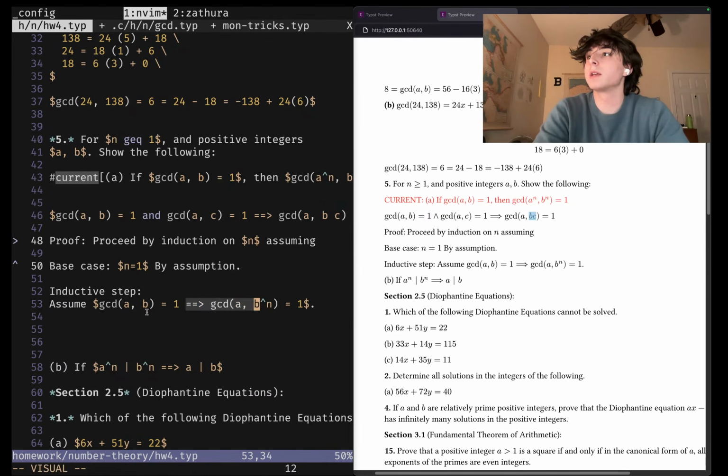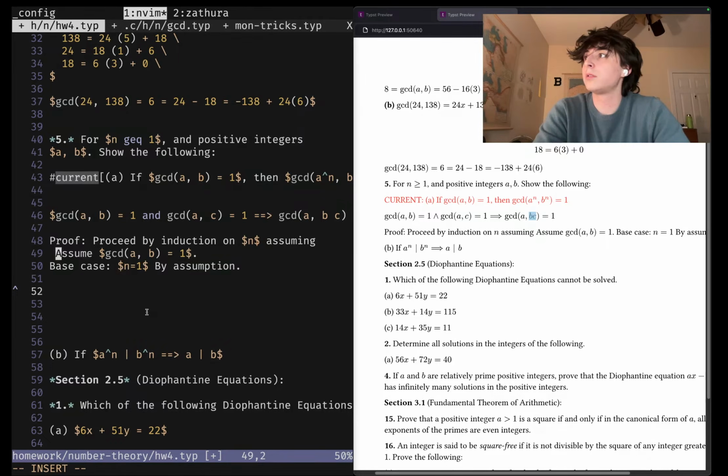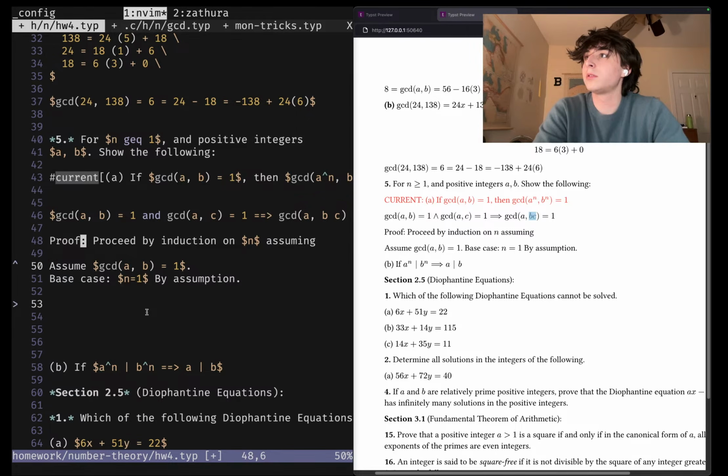Oh, yes, I see. So you can put this assumption even before you have your base case, because this is what we're assuming before the base case starts. And in the inductive step, the inductive hypothesis is some other assumption.